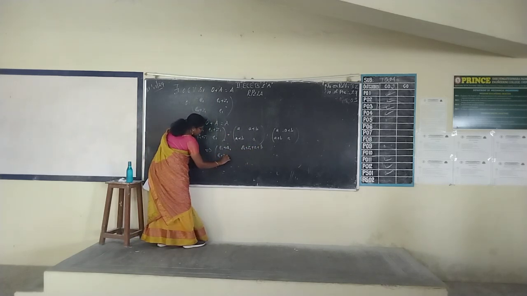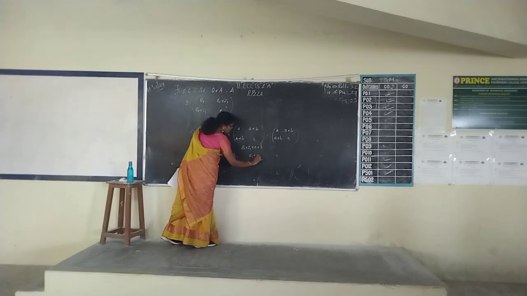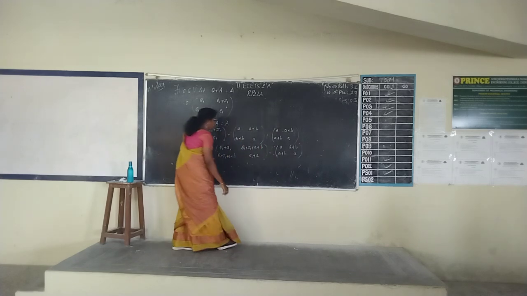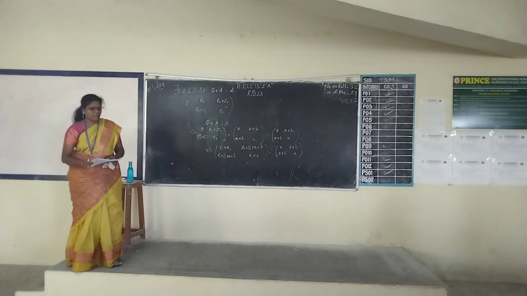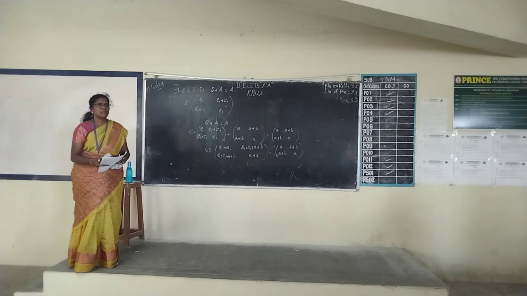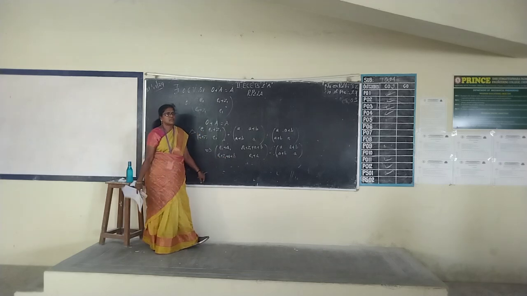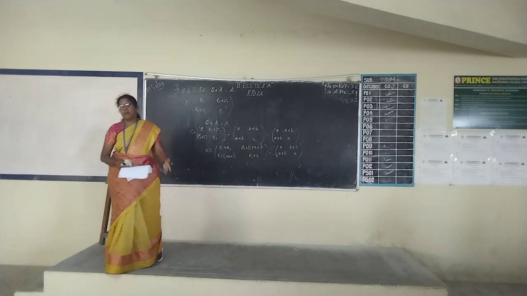E1 plus Z1 plus A plus B. Fourth element, E1 plus A. They should be equal to A plus B, A plus B, A. So from this, how will you find E1 and Z1? LHS is equal to the RHS. So E1 plus A should be equal to A. E1 plus Z1 plus A plus B should be equal to A plus B. Find E1 and Z1.